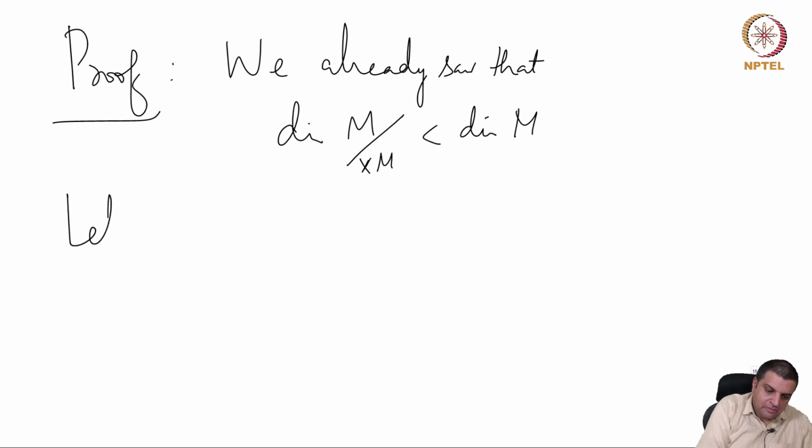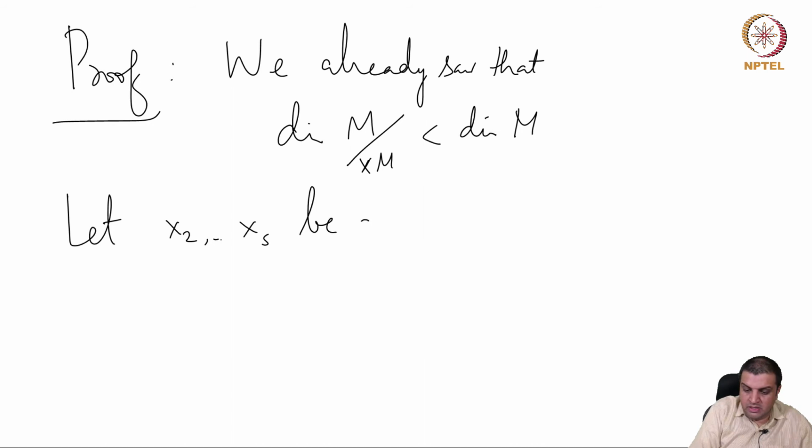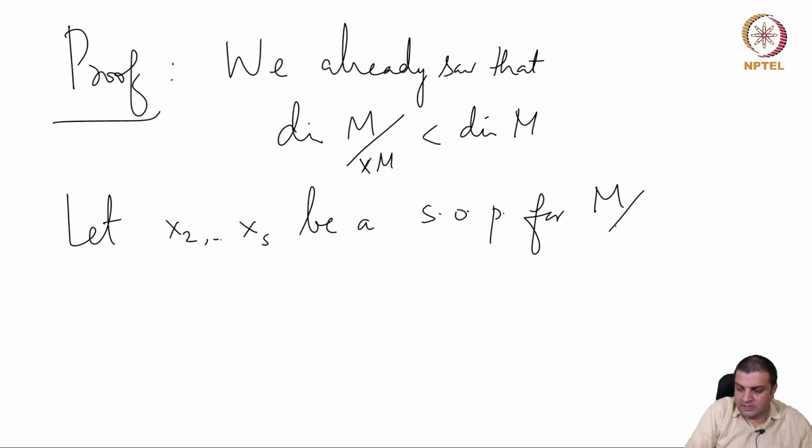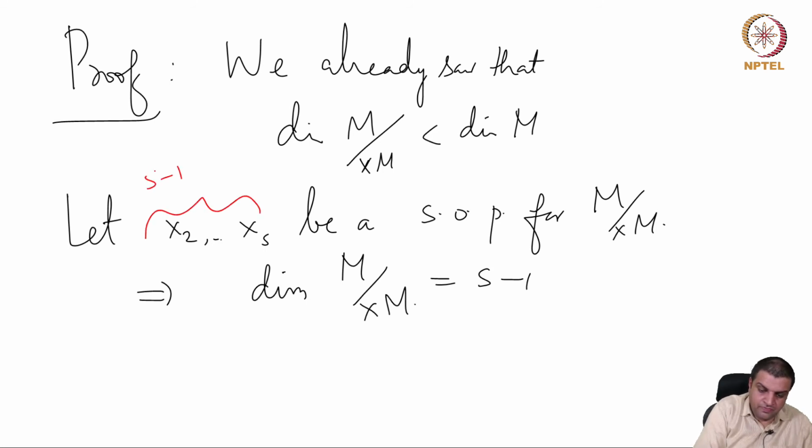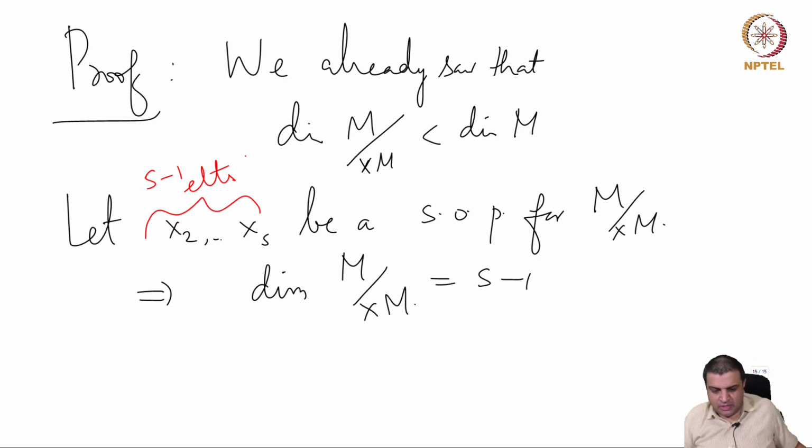Let x2 through xs be a system of parameters for M mod xm. So this now means that dimension of M mod xm, and this is where we are using the theorem, is equal to s minus 1. There are s minus 1 elements here, note.